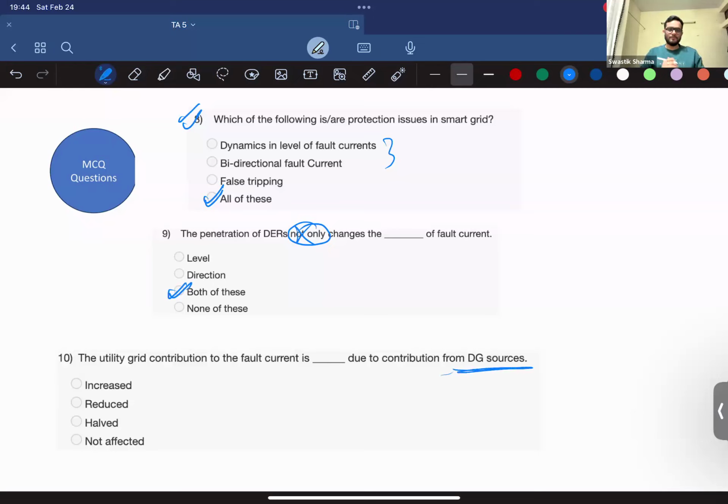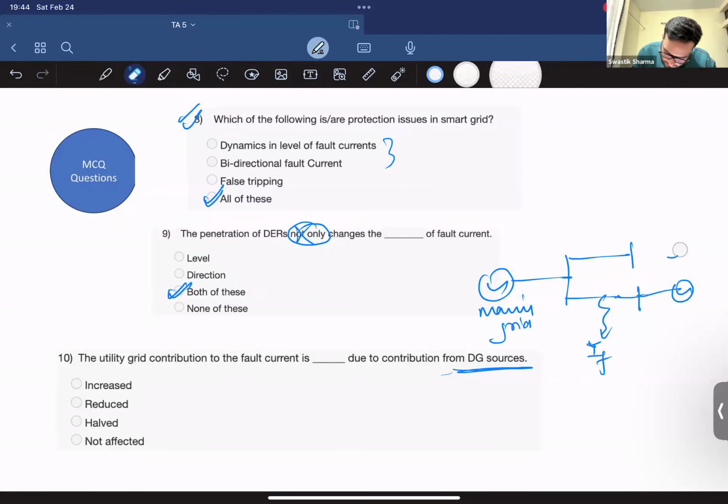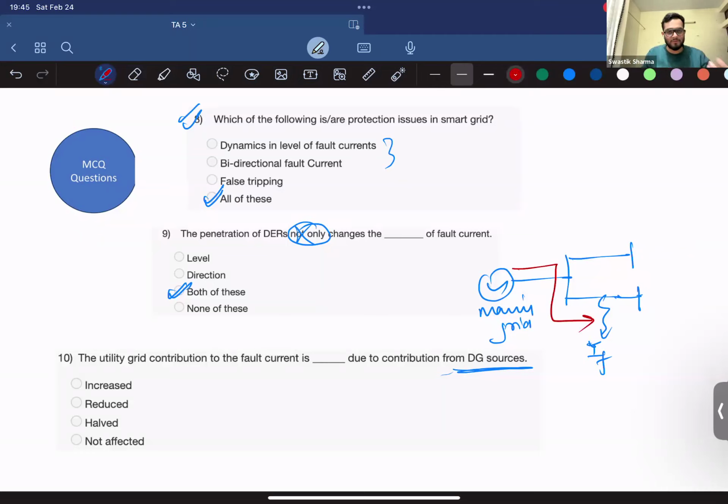We talked about this. So if you have a fault, let's say this is your main grid, and you have a fault. Earlier, this fault current was only due to the current coming from the main grid, right?